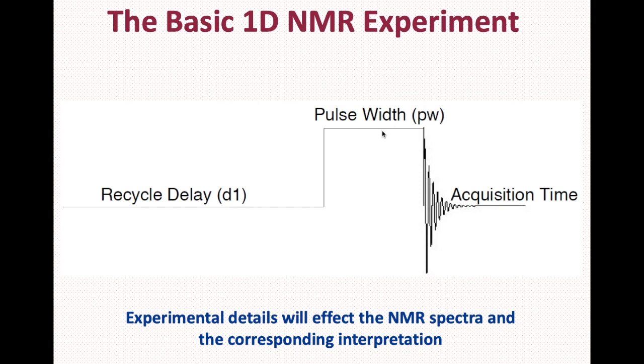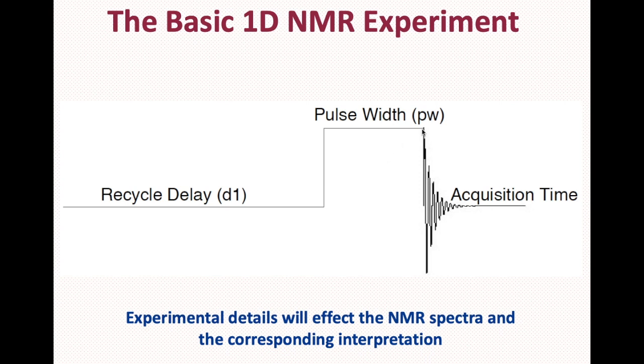You remember this particular width is generally related to the pulse width, that is nothing but the RF pulse. I mentioned that it will be applied for about 10 to 12 microseconds and then switched off.